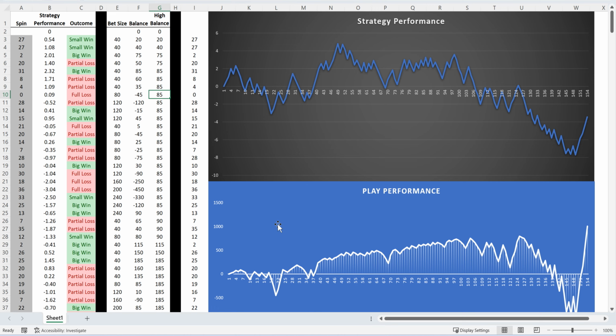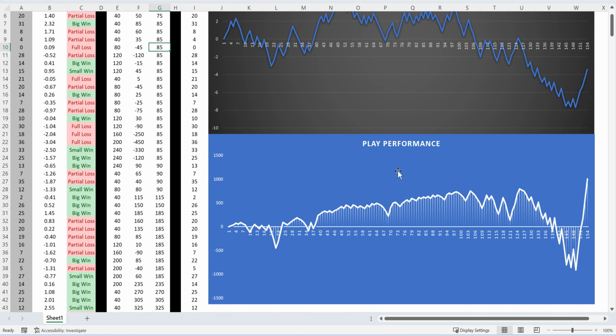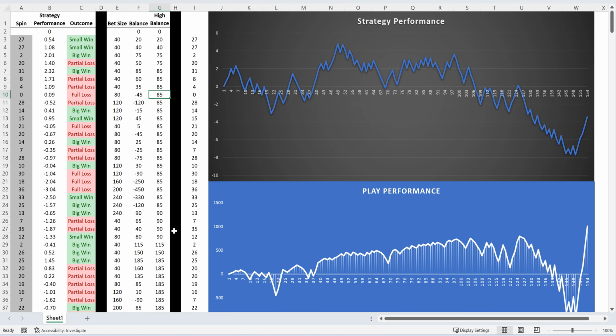Okay, so this one is the actual play performance, as if you're playing it just as he did in the video, right? So if you get 2 partial losses in a row, you increase by 1 unit, so you'd go from a $40 bet to an $80 bet, for example. Or if you have a full loss, you increase after just 1 full loss. So in this case, it went from 80 to 120 total bet.